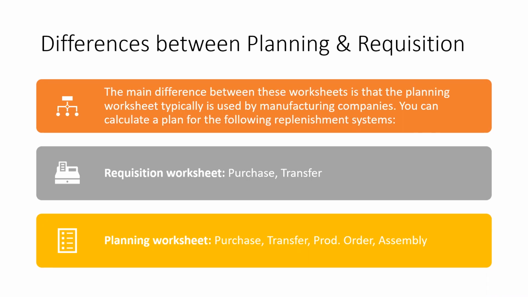The difference between both of them is that in the planning worksheet, or in the second document in the yellow line, the demand comes internally from the manufacturing department or light manufacturing where we just assemble. Why? Because in the second one, we might have bills of materials, with specific formulations.